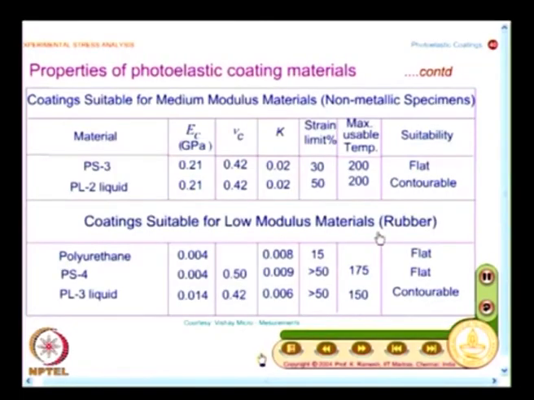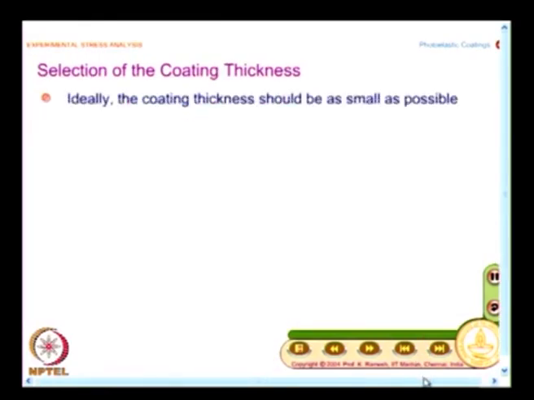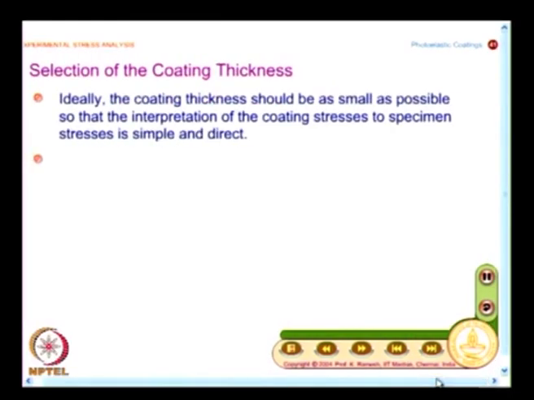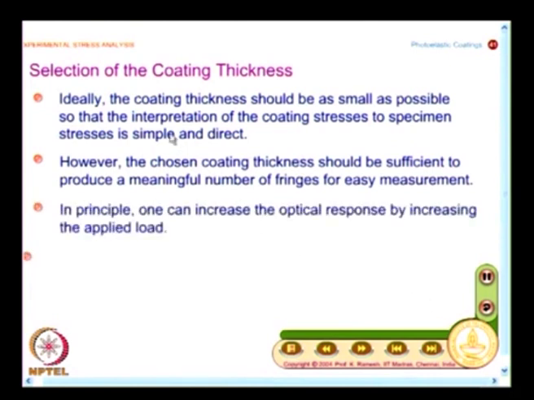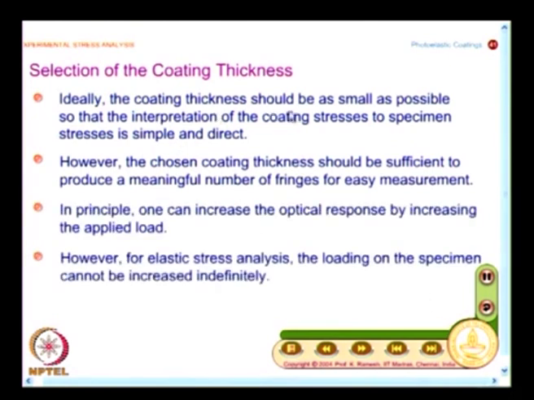And I also mentioned there is an issue of selection of coating thickness. Ideally, I want the coating thickness to be as small as possible. We said we want to have a very high value of K, then I can have coating thickness as small as possible.